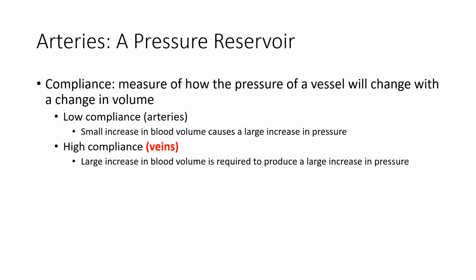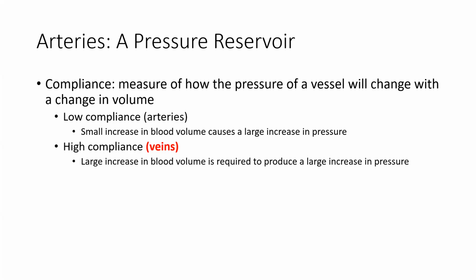On the other end of the spectrum, I can accommodate a lot more volume in my veins. They're not as elastic. They're much more compliant. They're much more obedient. And so if I put a small amount of volume in my veins, I'm not going to generate much pressure. But I'm going to have to put a larger amount of volume in my veins in order to generate pressure differences, okay?